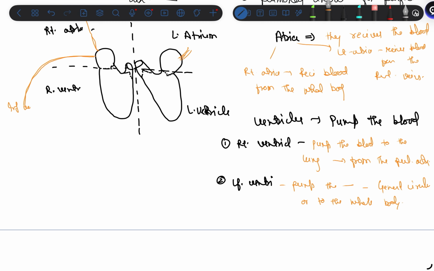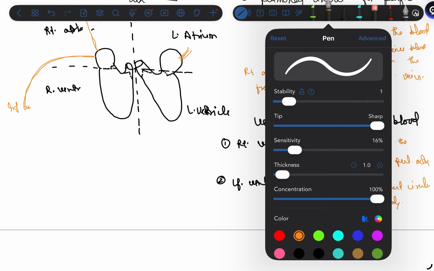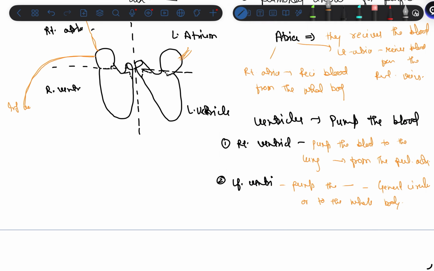So the right ventricle pumps the blood into the pulmonary circulation, and the left into the general circulation.